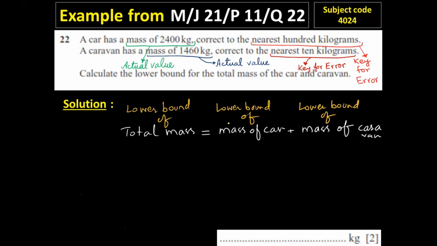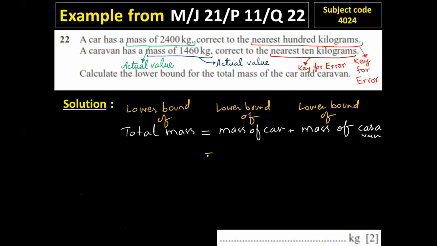From direct approach, recall the formula: lower bound is the actual value minus error. The actual value is 2400 and the error, this is the key for the error. To find error, nearest 100 kilograms means your error will be half of 100, 100 over 2.